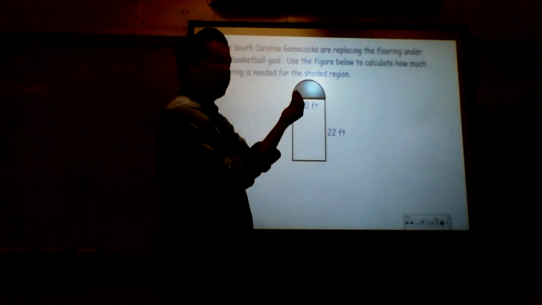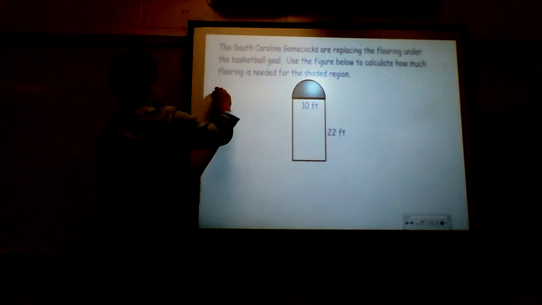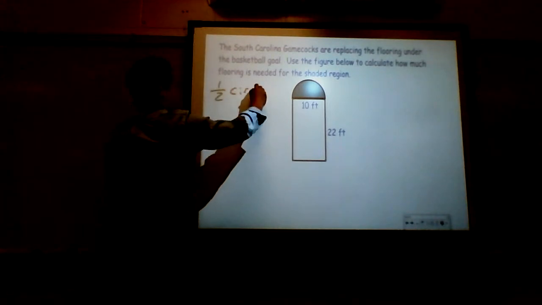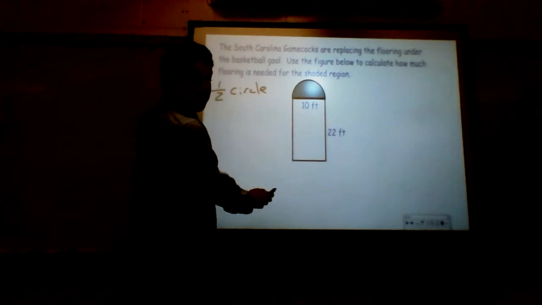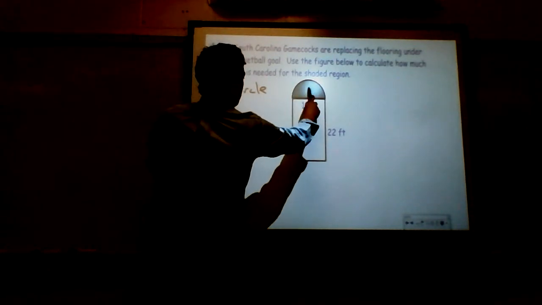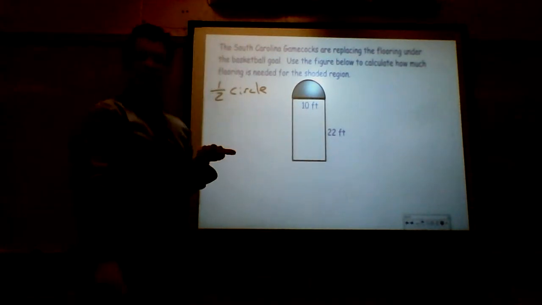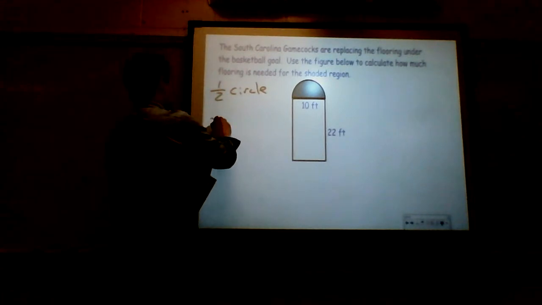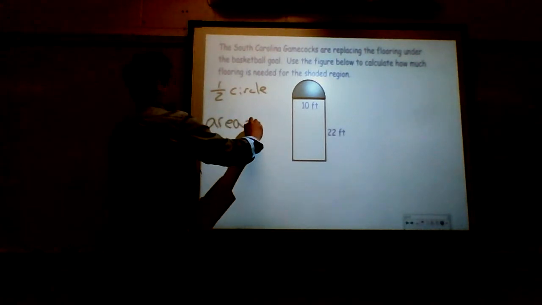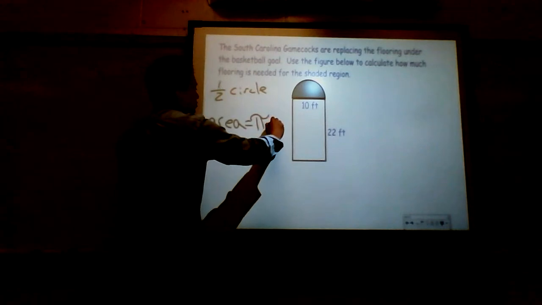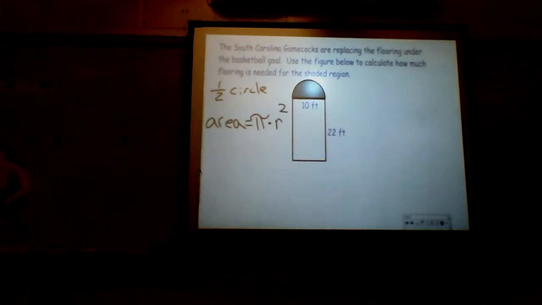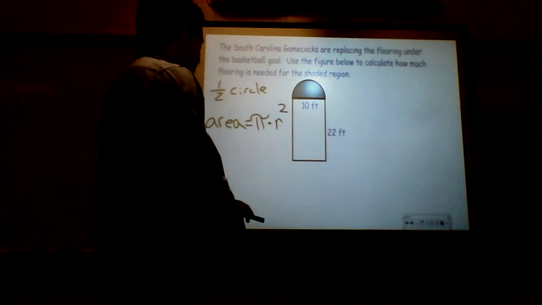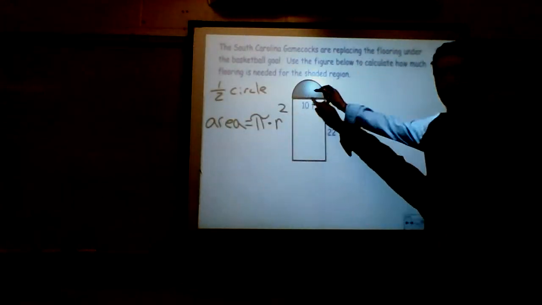One thing I notice is that the shaded region is half of a circle. I also know that if they're replacing this flooring, they're going to replace all the inside of that, so they're talking about the area. And I know the area of a circle is pi times radius to the second power. So let's focus on this shaded region.